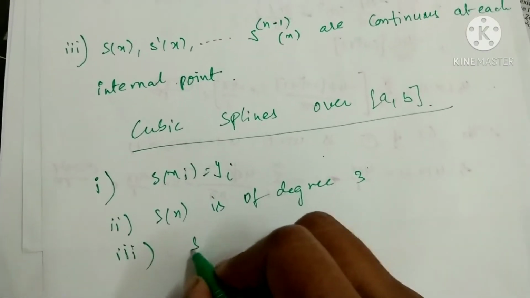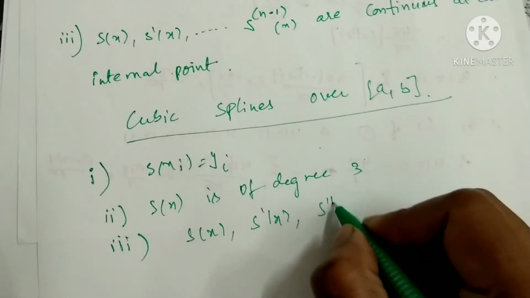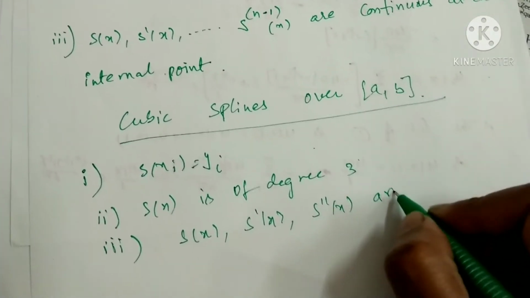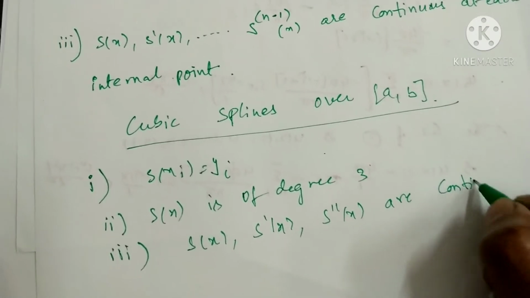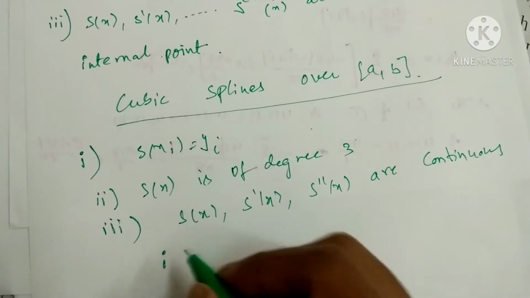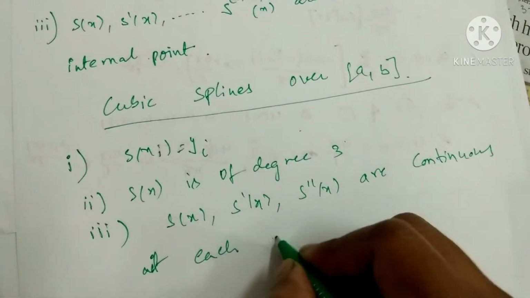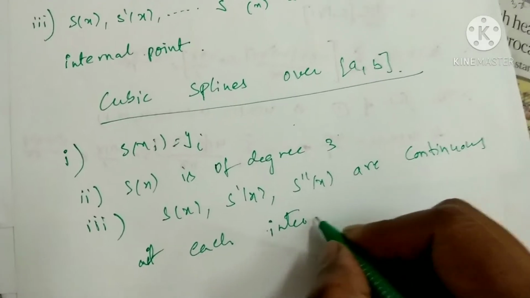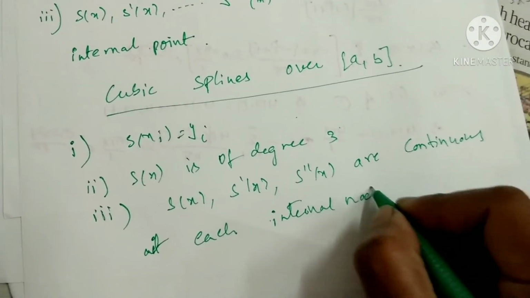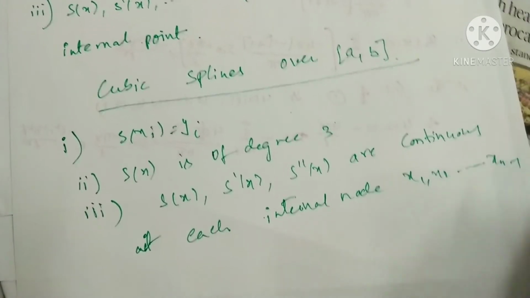And third condition is S(x), S'(x), S''(x) are continuous, that means at each internal node, that means at x1, x2 and so on, x(n-1).